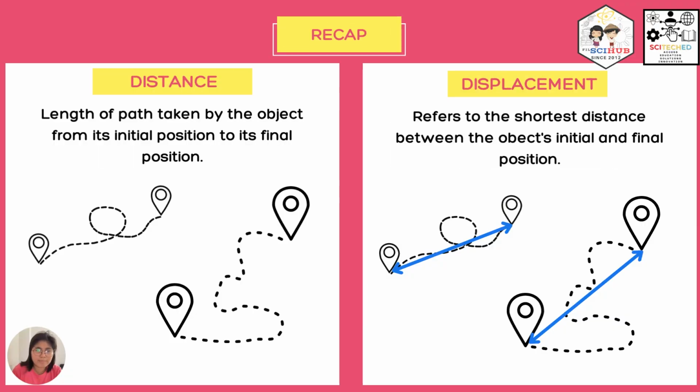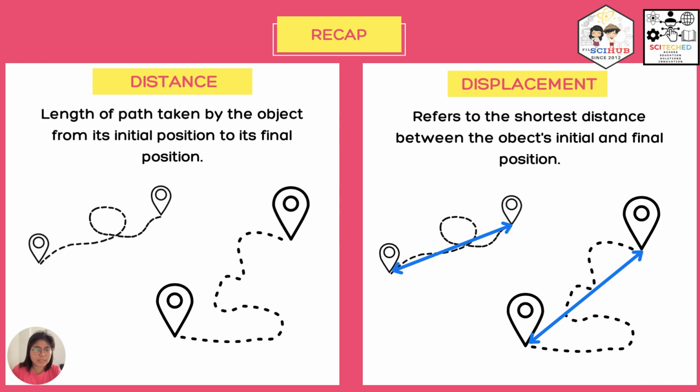So just to recap, again, distance refers to the length of path taken by the object from its initial to its final position. So it takes into account all of the places that you went through before you arrive to your final destination. While displacement just refers to the shortest distance between the object's initial and final position.